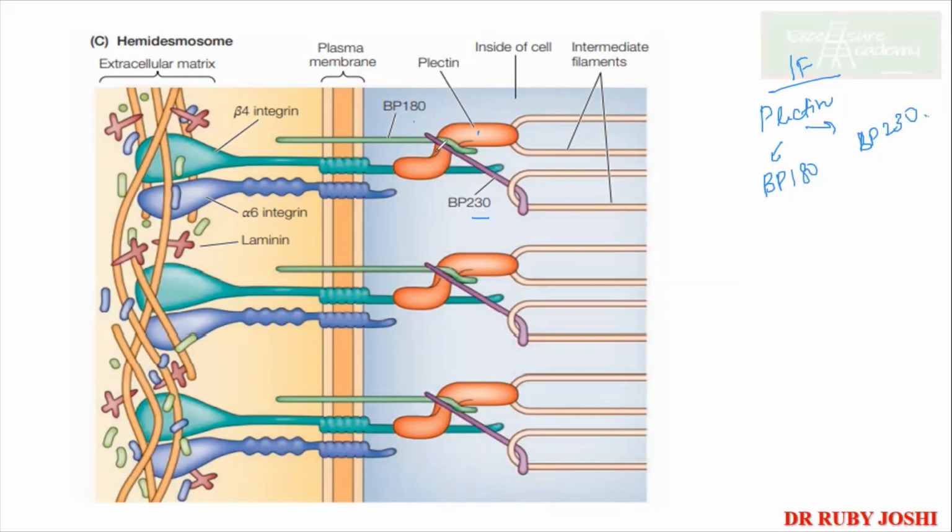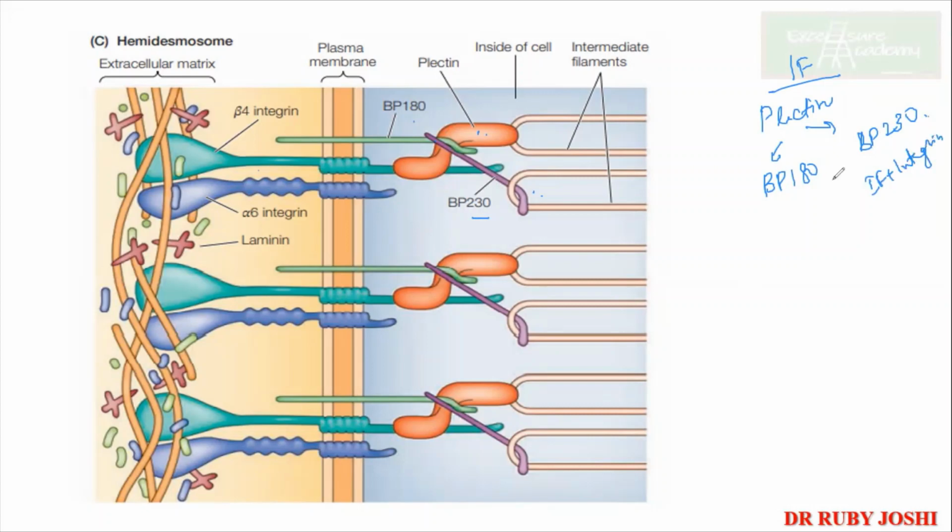So, plectin is in connection with them here. What is BP230 doing actually? It is making connections with your intermediate filaments as well as the integrins which are present outside. So BP230 connects the IF plus the integrins which are present outside.